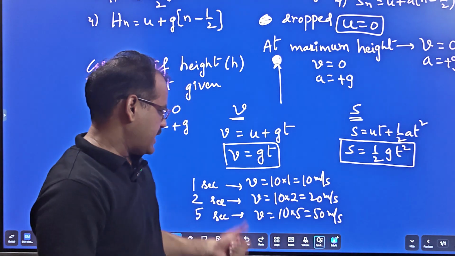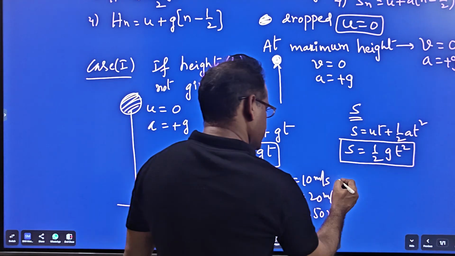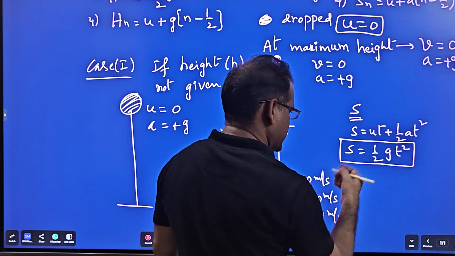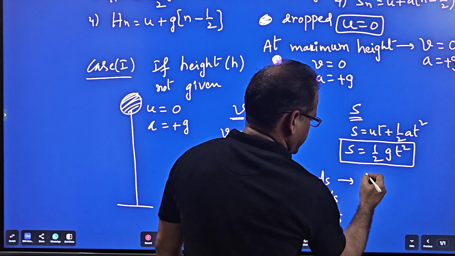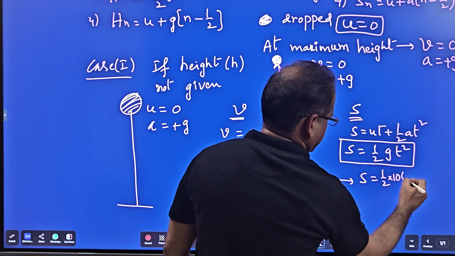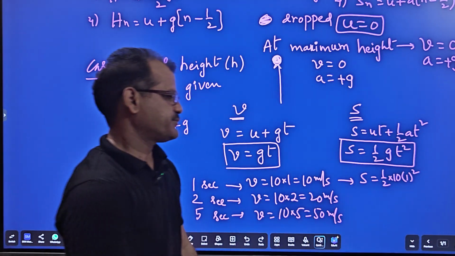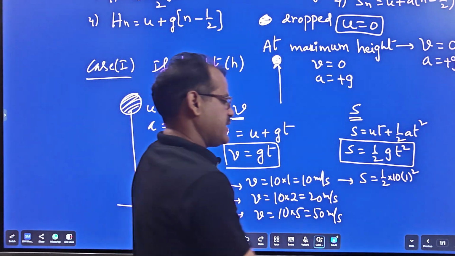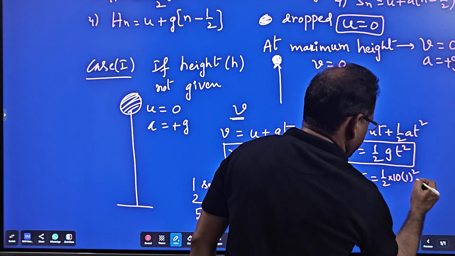So after 1 second we calculated speed. After 1 second, how much distance is covered? s is equal to half, 10, t square, 1 square. That means 10 by 2, this is equal to 5 meters distance.